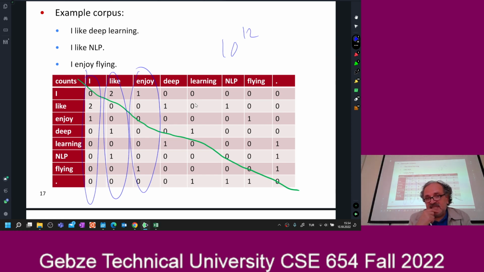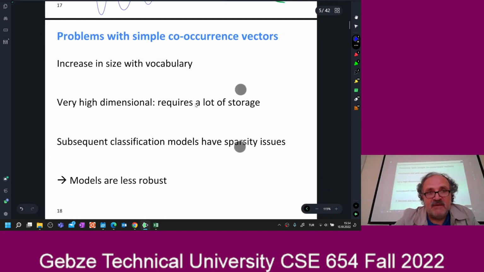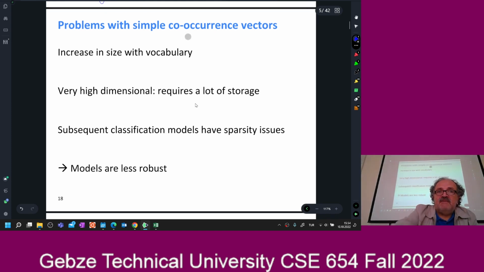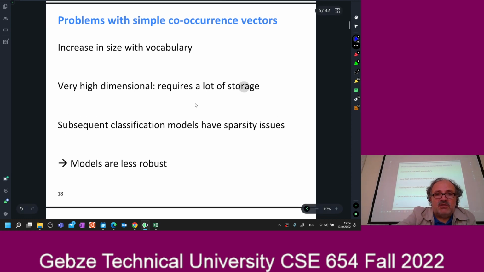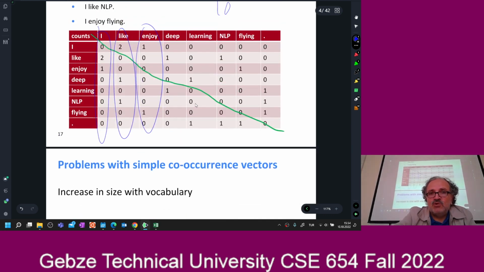For large data sets, the word2vec approach is better. Okay, so let's continue with the co-occurrence vectors. The increase in size with vocabulary is problematic, very high dimensional, and requires a lot of storage. And the sparsity issue is a problem because most of the values will be zeros.